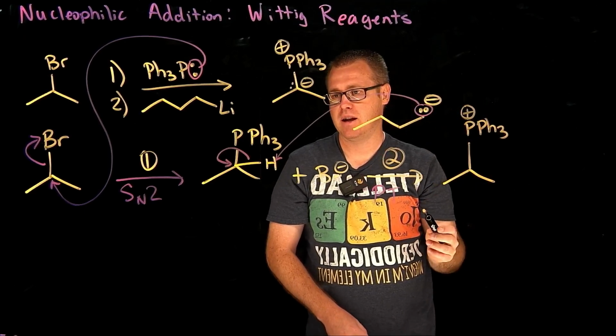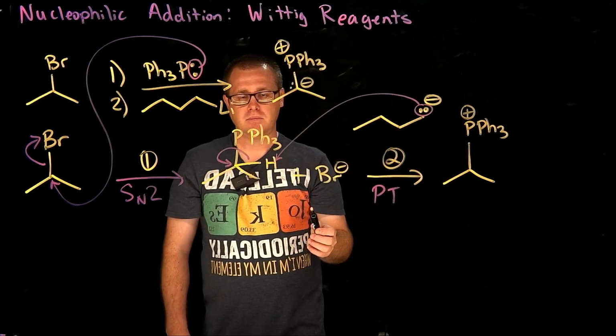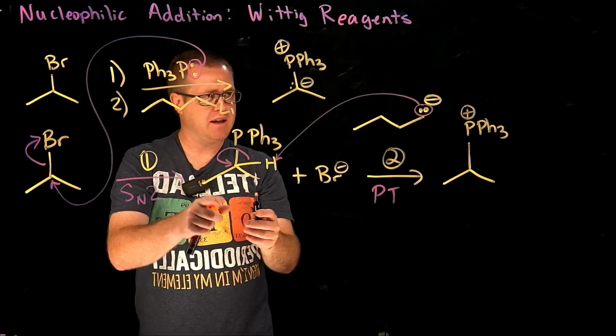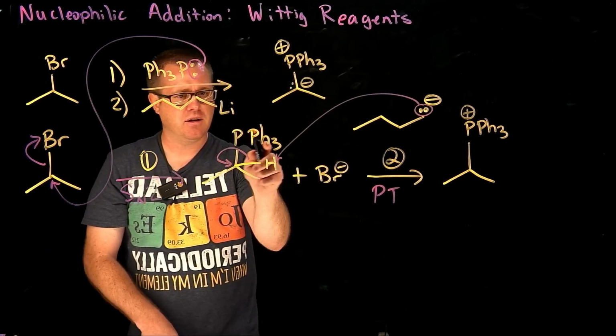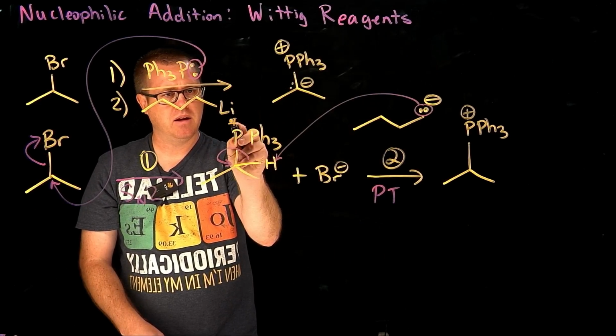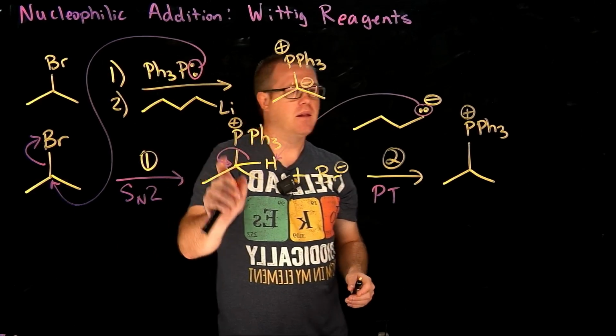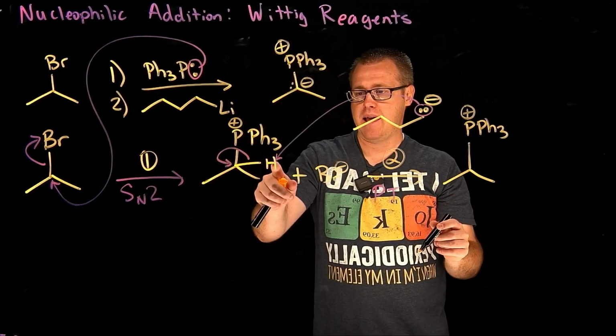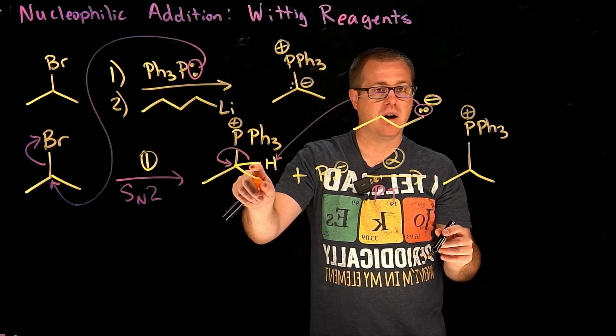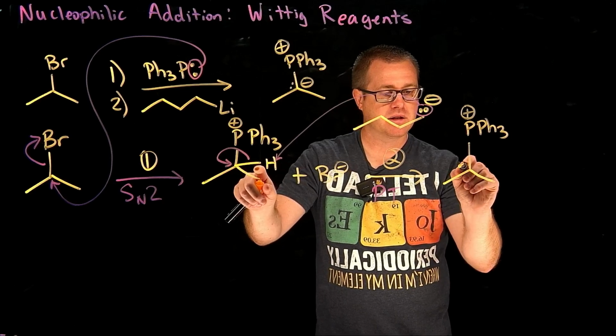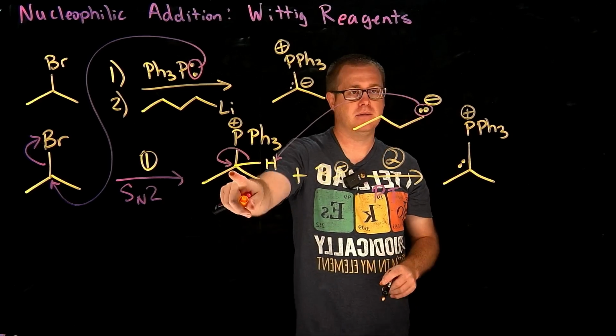Positively charged there. Wait, so when we first do this step, I think I'm missing a charge here. That would have to be positively charged right there. Okay. And then we took the two electrons in that carbon-hydrogen bond and stuck it onto the carbon.